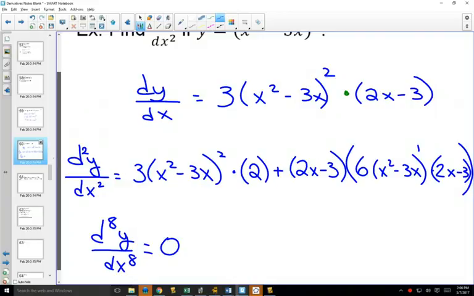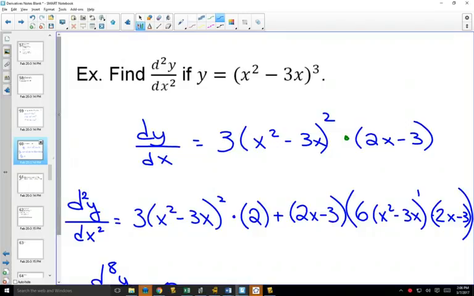Why? Well, let's say you decided not to do it this method, but you decided to expand this completely to begin with, which would be x squared minus 3x times x squared minus 3x times x squared minus 3x. Does it make sense that when you expand this completely, your first term is going to be an x to the 6th and then you're going to have stuff after that? Yes?